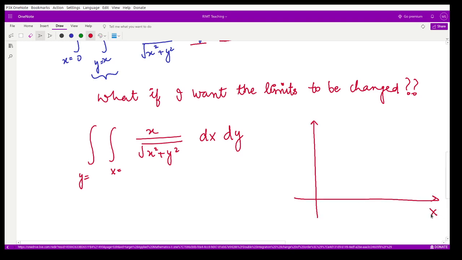So accordingly, say this is your x-axis, this is your y-axis, this is the line y is equal to x, and then you have the circle.